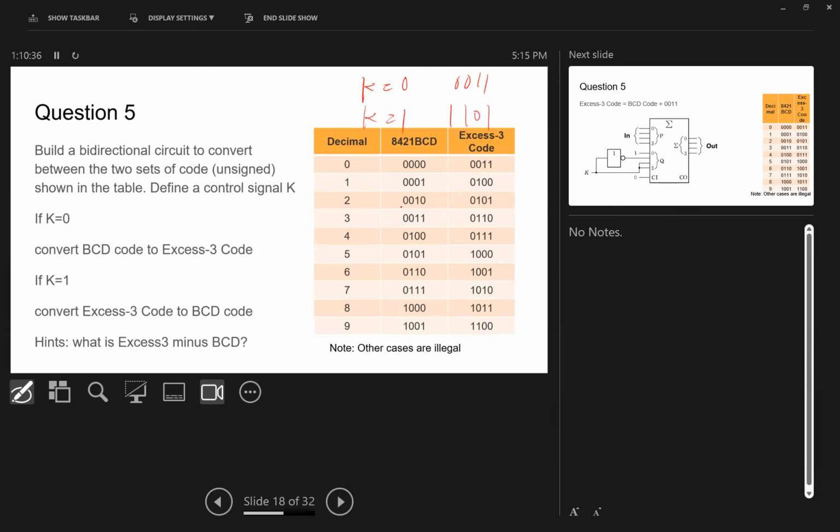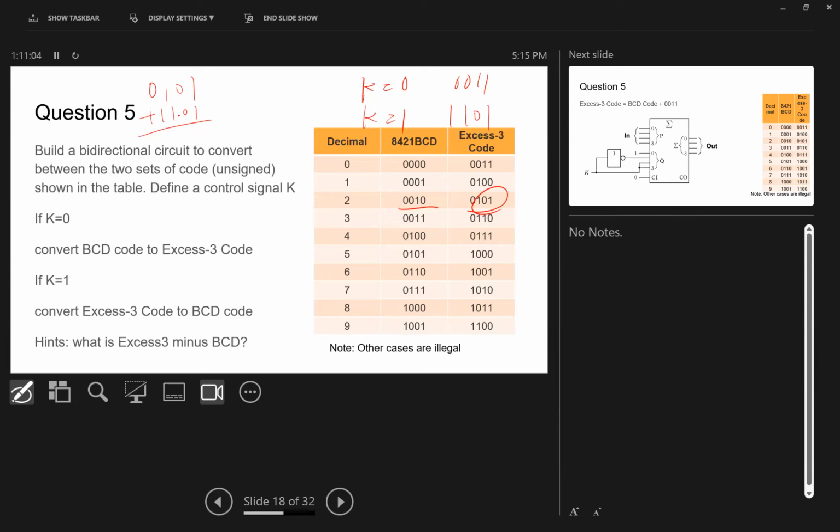Let's just pick excess-3. The excess-3 code is 0, 1, 0, so what we want is 0, 0, 1, 0. We just validate whether this addition result is equal to 0, 0, 1, 0.